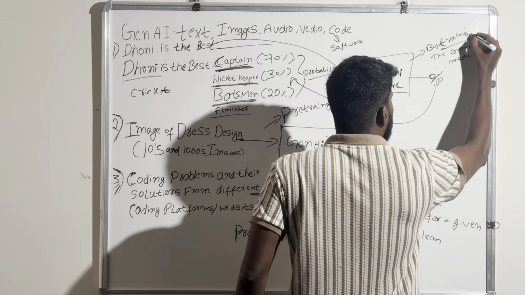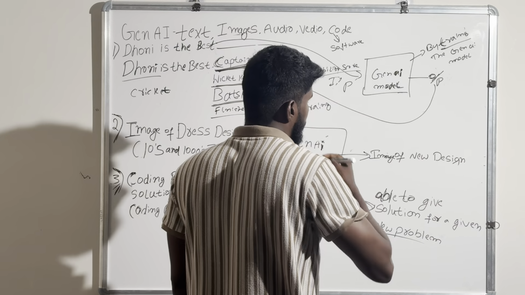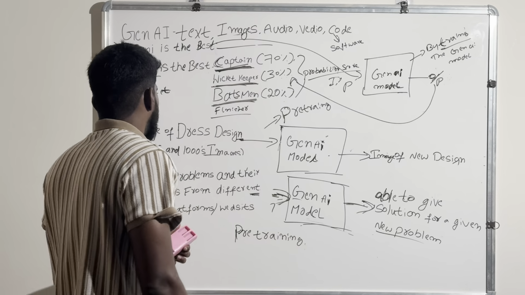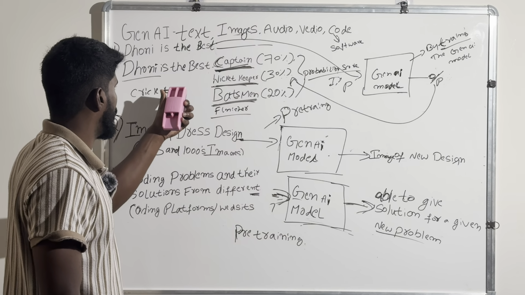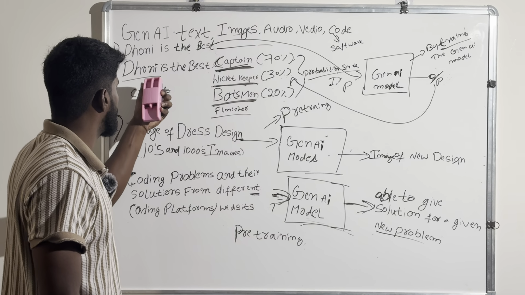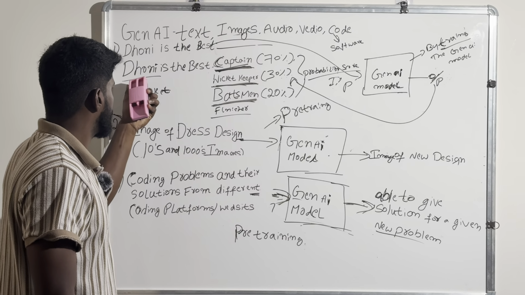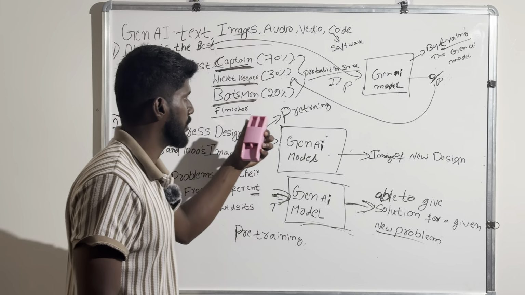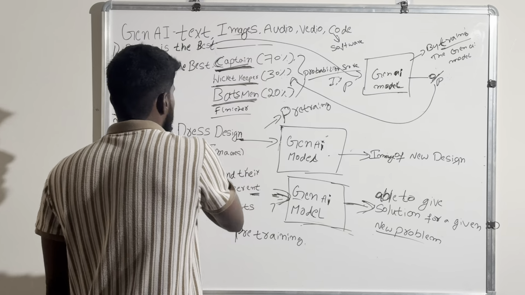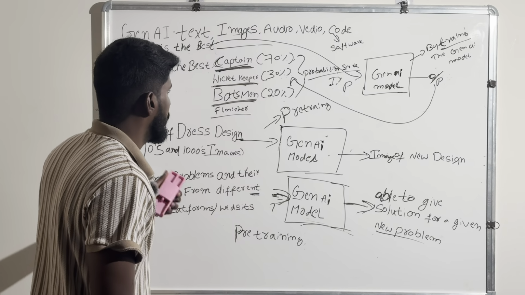What do you mean by training here? Training in the sense is the process by which we got the knowledge about Dhoni and cricket. We have learned, and the learning process itself is called training here.